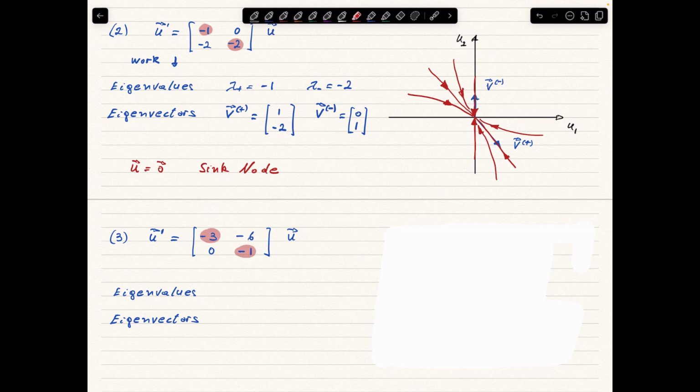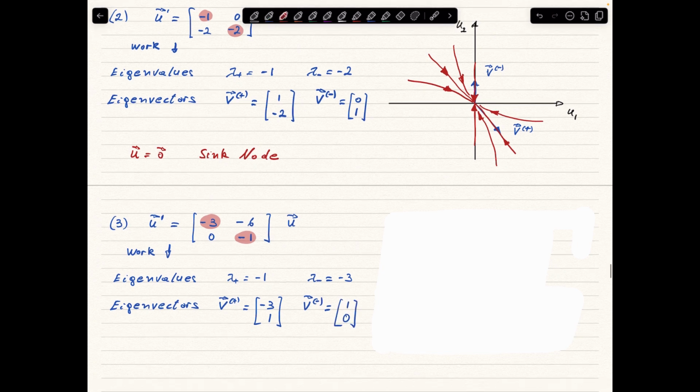So these are the eigenvalues. Lambda plus is going to be the least negative, so -1 in this case. Lambda minus is going to be the other eigenvalue, -3. And then with a little bit of work, we can get the eigenvectors. v plus here, if you do some work, is going to be -3, 1, and v minus is going to be 1, 0. That is easy to check.